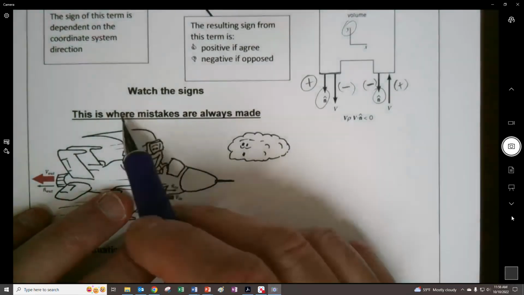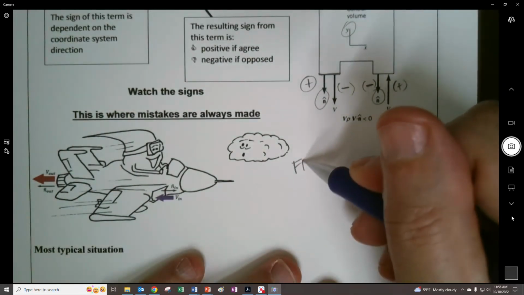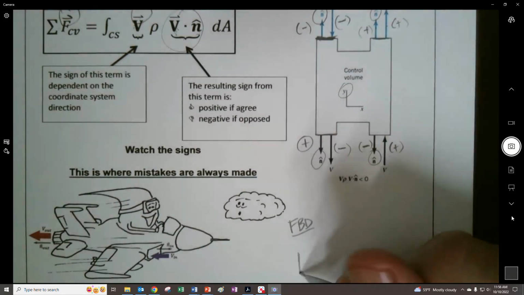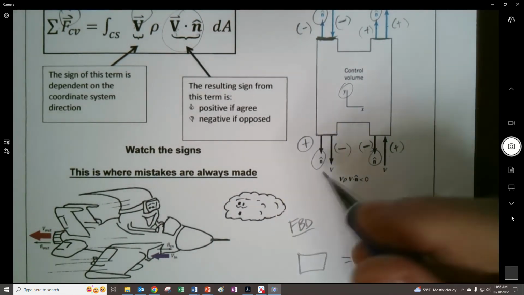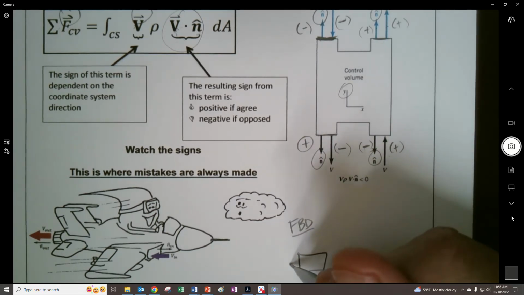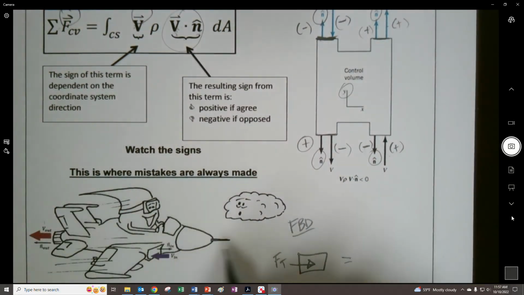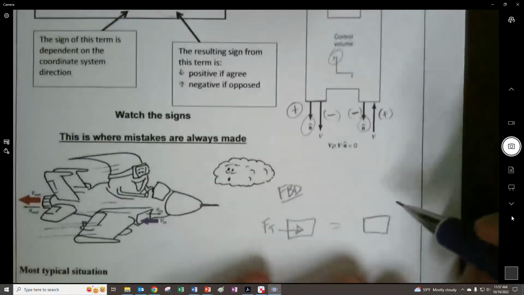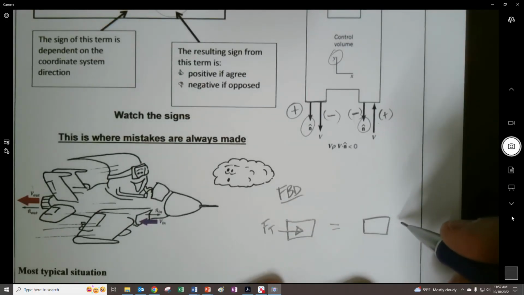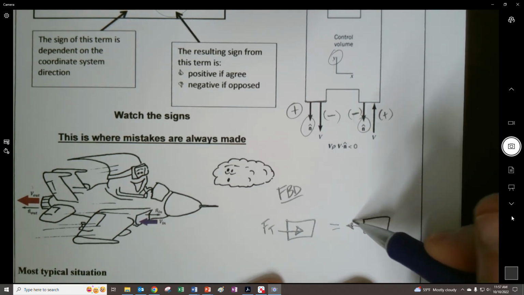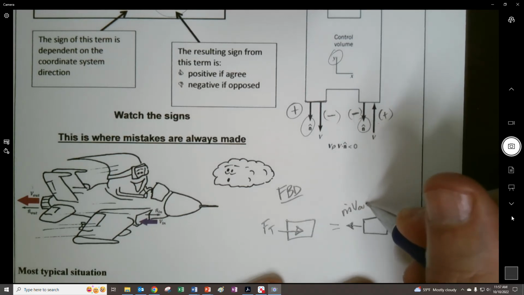So you really want to watch out for these signs. And to keep track of the stuff on the left-hand side of this, I say draw an FBD of the forces that are acting onto this. So we might have a thrust force acting onto this whole piece. We could find out that the thrust force is going to be to the left because this is going to be out, so we're going to have m dot v out.